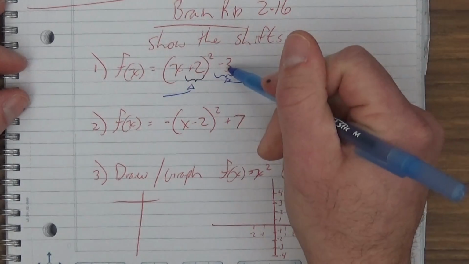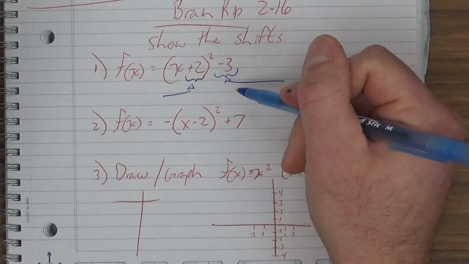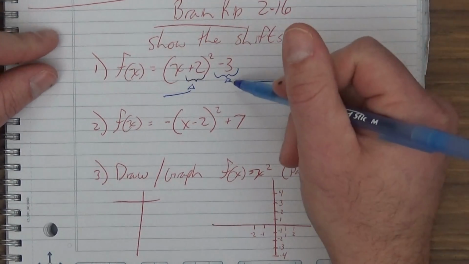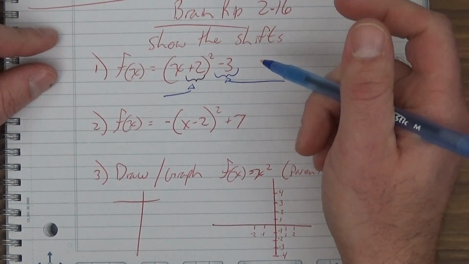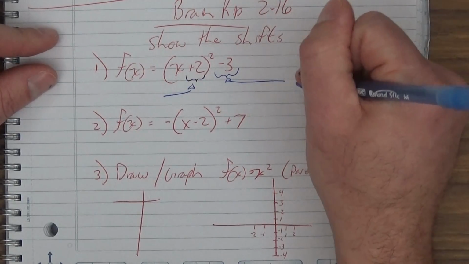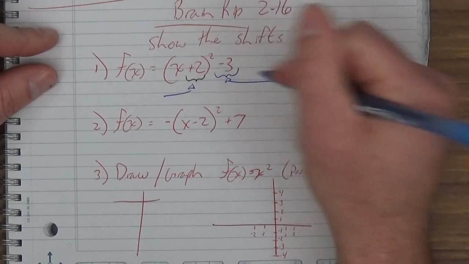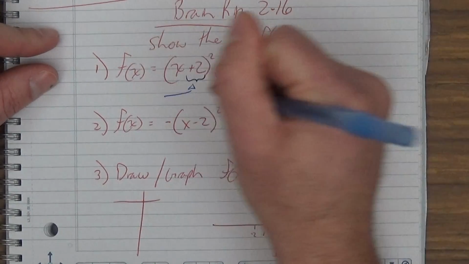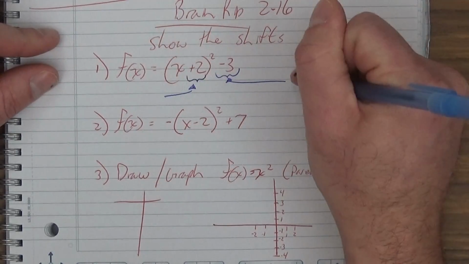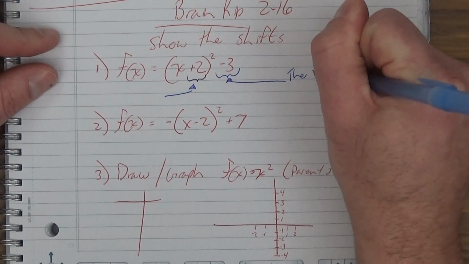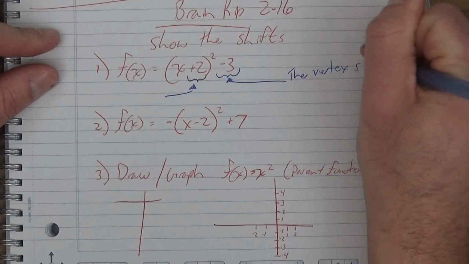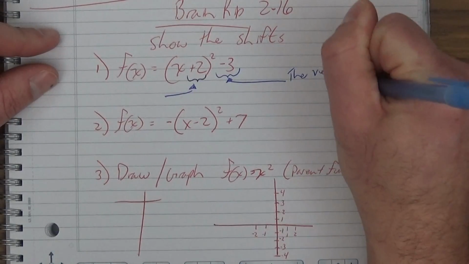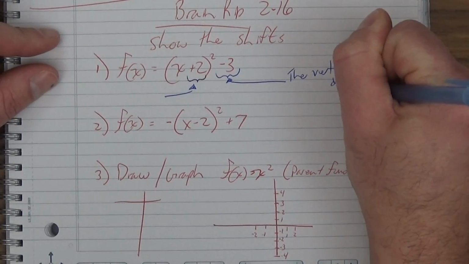We know that this negative 3 affects the parabola in what way? Brittany, what do you think? Brittany's right. This negative 3 makes the parabola, or the function, shift down. The vertex shifts down 3 places.